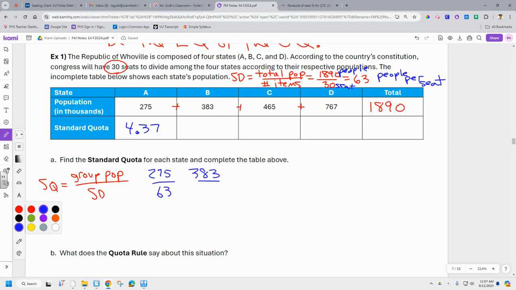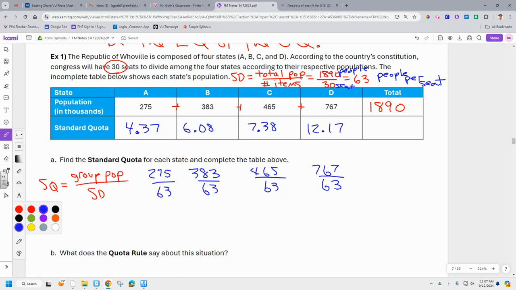Group B, 383 divided by that 63 gives me about 6.08. 465 divided by 63, 7.38. And 767 divided by 63, 12.17.